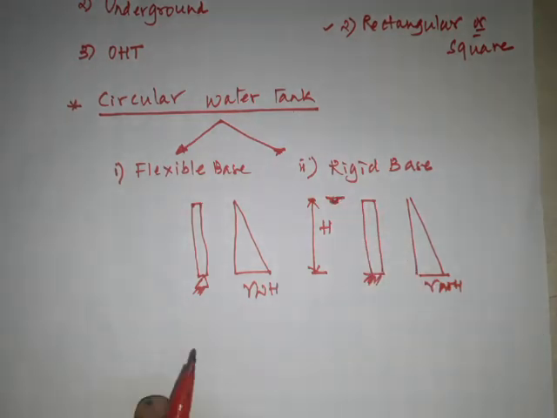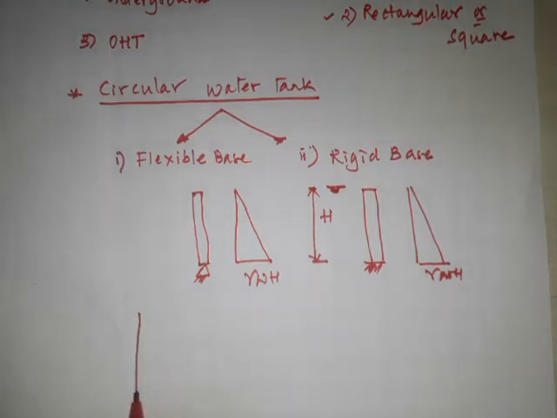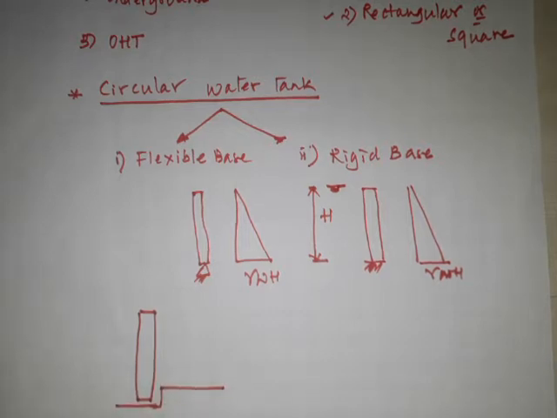Still, if I want to elaborate, if you see the connection design here, in the flexible base, how is the connection provided between the base slab and the vertical walls? We have the wall here, and the connection provided will be like this. This is the base slab, and this is the vertical wall.